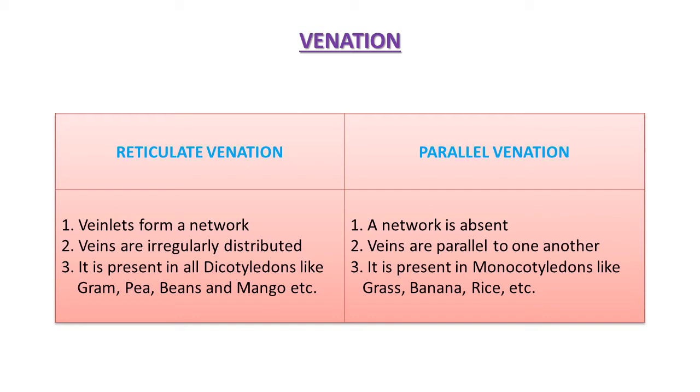Some common examples of monocotyledon plants are grass, banana, rice and wheat. These plants show parallel venation. So this way reticulate venation and parallel venation are different from each other.